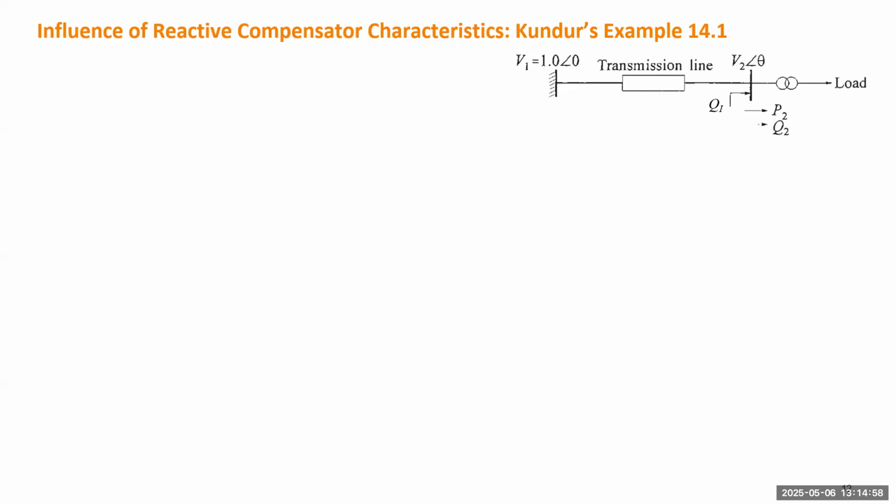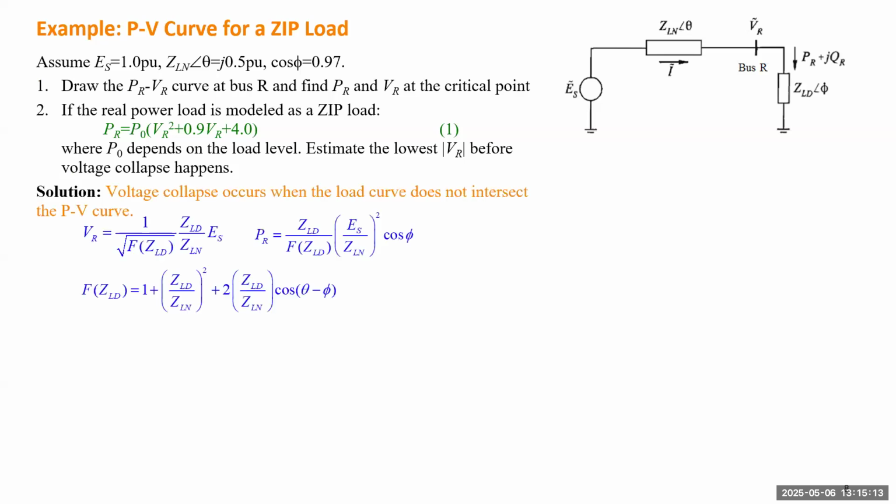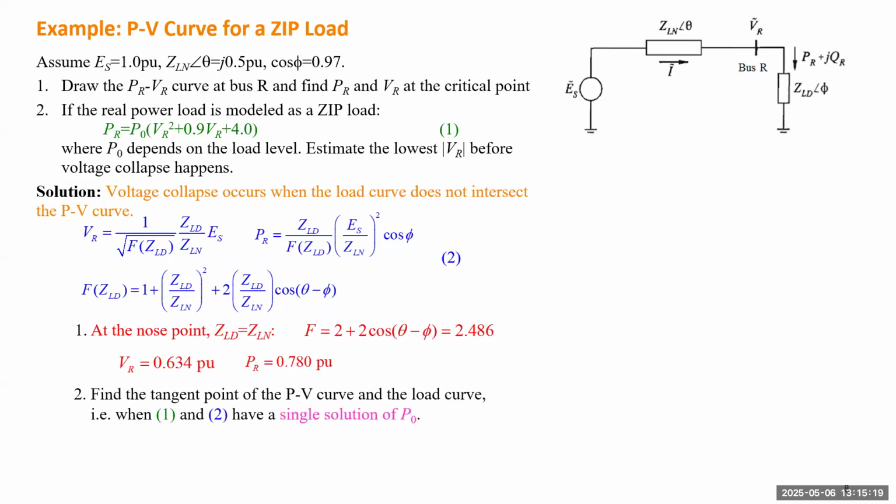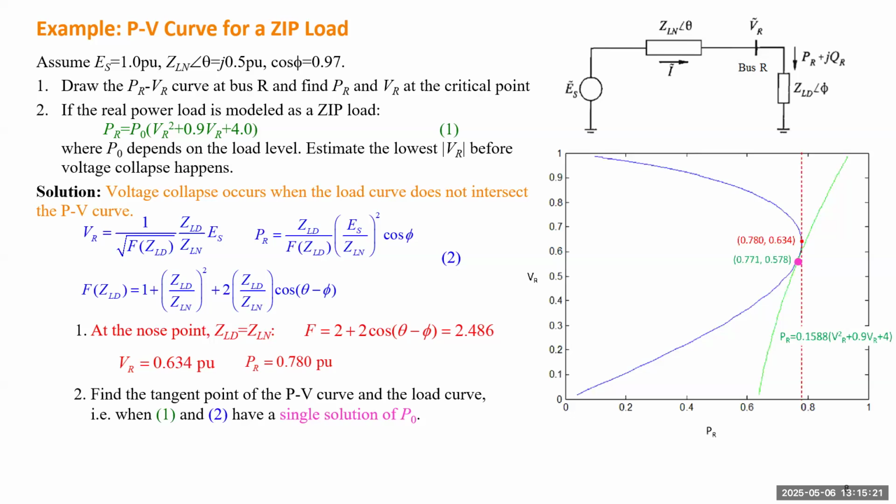All right, in the previous slides, we introduced the VQ curve, but we didn't assume what var source we can utilize. Similar to an example I talked about last Thursday, we derived the PV curve, but we don't know what load we're going to operate the system with. If the load is constant power, it will become tangent to the PV curve exactly at the critical point.